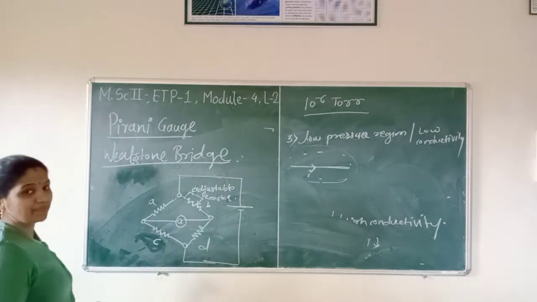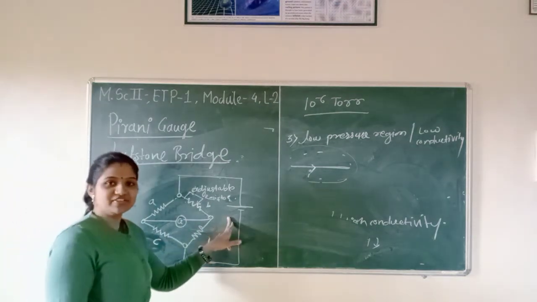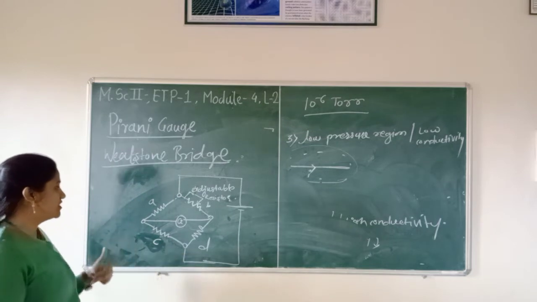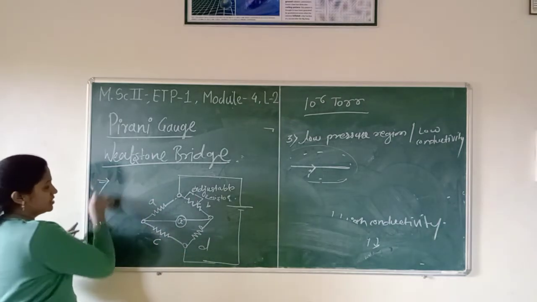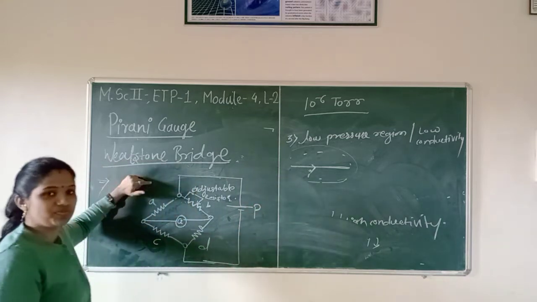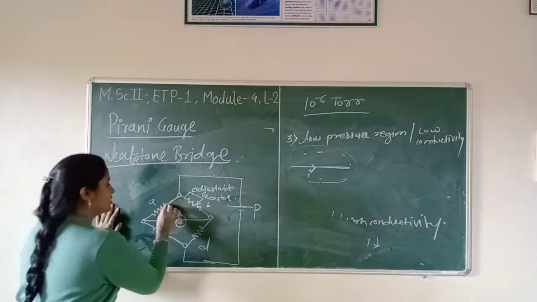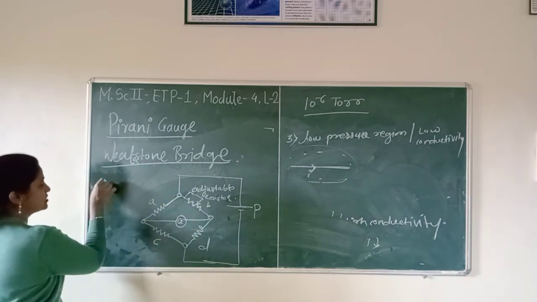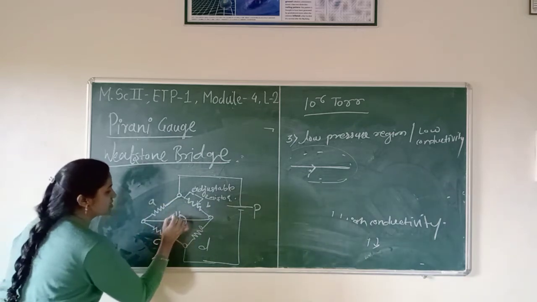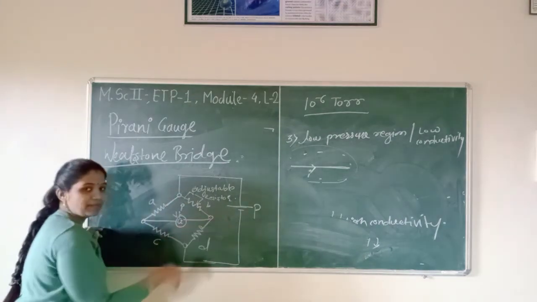Now see here what happened actually. When the Wheatstone bridge is working and we are giving the power supply to this Wheatstone bridge, then first of all the galvanometer shows some current I, due to that bridge.